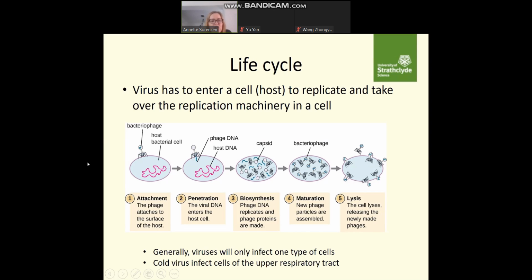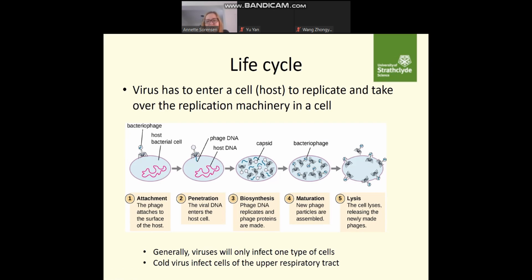So if you look at the first picture here, you can see the virus is using the fibers, the tail fibers, to attach to the surface of the cell. It's taken up into the cell, and it inserts its DNA or RNA into the host DNA of that particular cell.